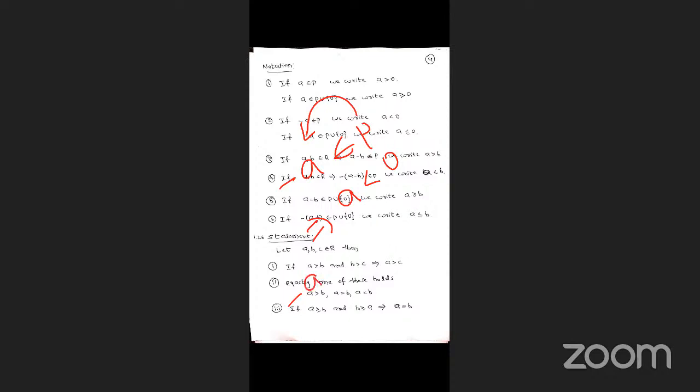Next one here. Minus A belongs to P union the set of 0. Here minus A is a negative number, or 0. We can write it as A less than or equal to 0. Without the set of 0, it is A less than 0. With the union of the set of 0, it is A less than or equal to 0.